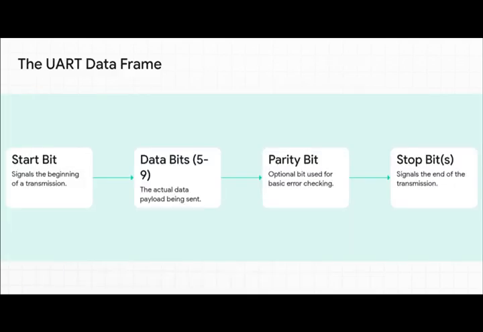To handle this clockless timing, UART wraps its data up in a neat little package called a frame. Every single frame starts with a start bit. It's basically a heads up to the receiver that data is coming. Then you get the actual data itself. It might also include an optional parity bit for a really quick error check, and it always finishes with a stop bit to signal that the message is over.